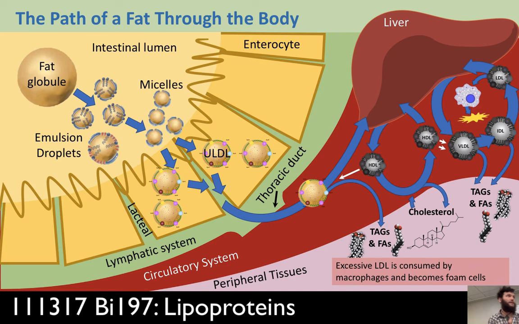And so what happens is these cells called macrophages, macro being large, phage meaning eat. It's like the amoeba that ate Philadelphia kind of thing. They're part of the immune system, these large immune system cells that sort of blob their way along through your body. They take exception to LDL, and they will consume LDL.